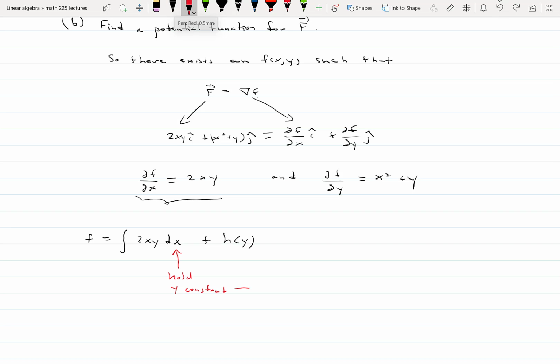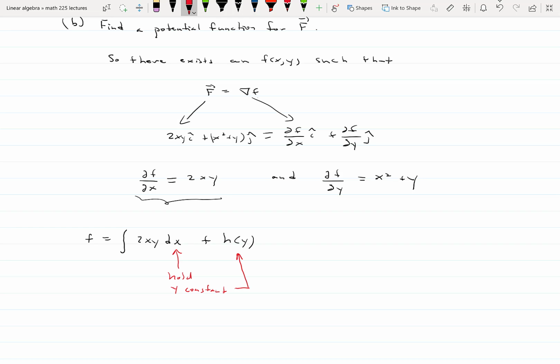I'll repeat this in a second. This is really important here. It's also not very difficult. When I integrate with respect to x, I'm holding y constant, which means any function of y is constant. So if I add a quote-unquote constant of integration, anything with respect to y will be that constant of integration.